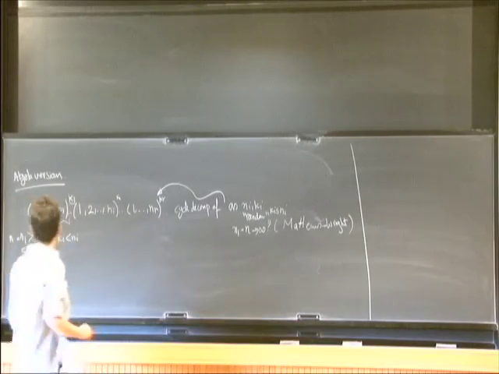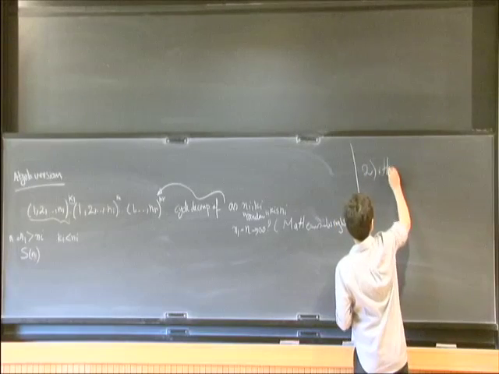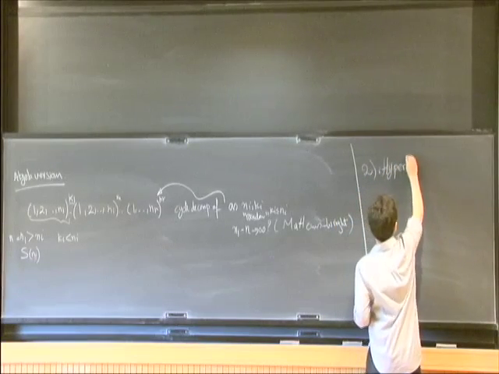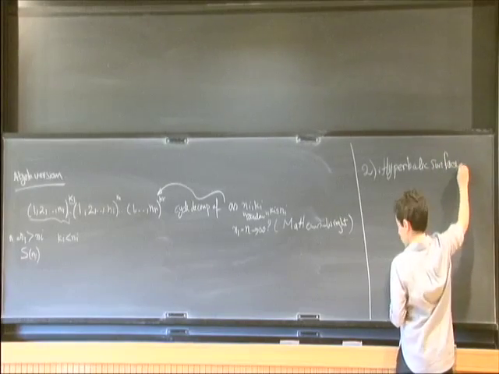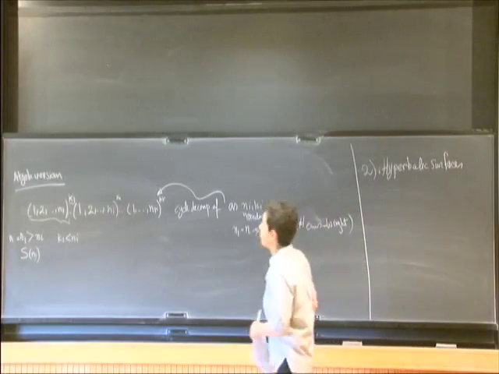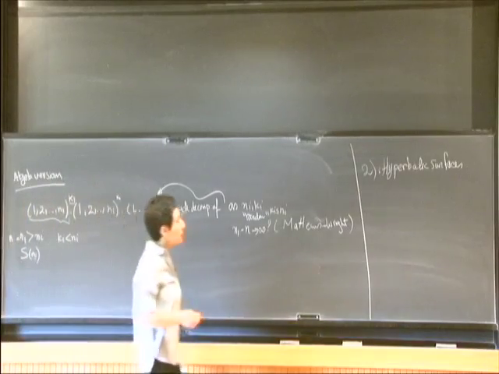OK, so number 2 will be about hyperbolic surfaces. I'm not going to say so much about these at the end, but I hope you will see how they are related to the other things that we talk about, the moduli space of curves and the dynamics.